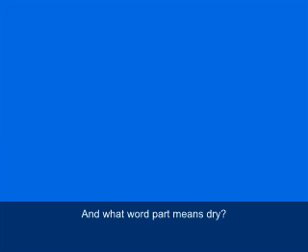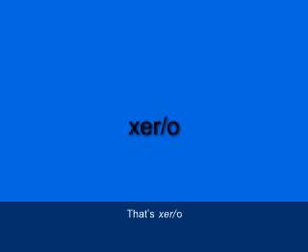And what word part means dry? That's xero, X-E-R/O. And what is the suffix that can in general refer to any vision condition? A vision condition is what? Well, that's opia, hyphen O-P-I-A, the suffix that means a vision condition.